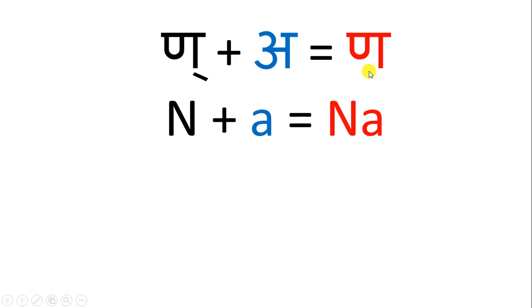While pronouncing the regular N, the tongue need not curl backwards. But there is no other way to write this N in English, so that is why I have taken N and A. So this is the first sound.